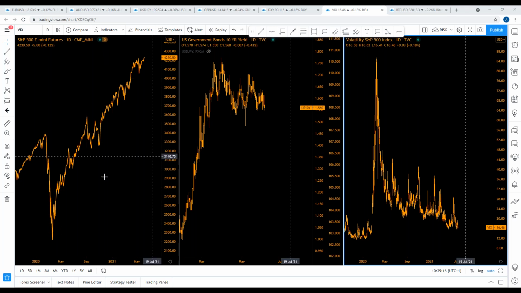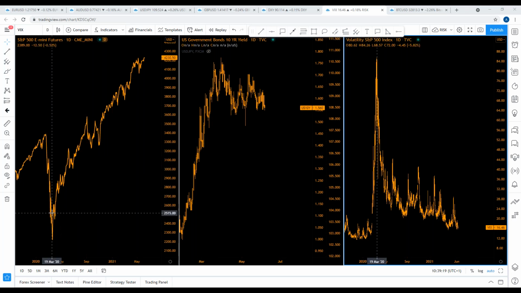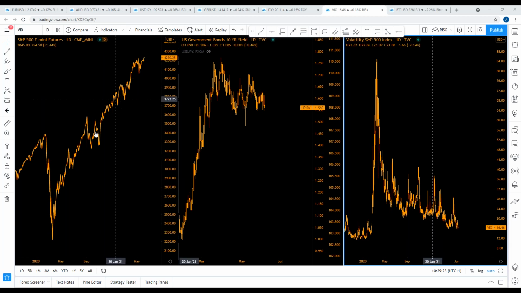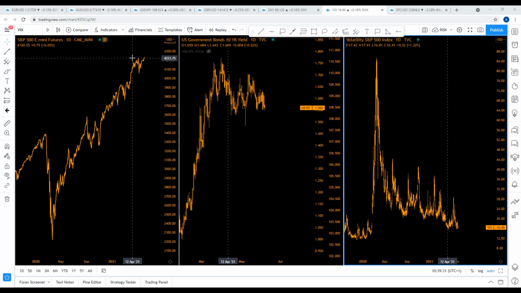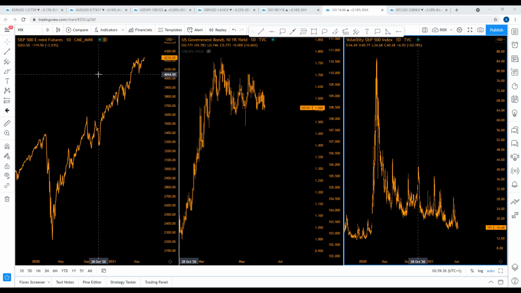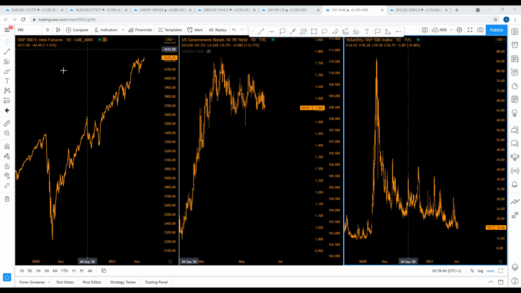So look, for now, since the pandemic low of March 2020, the S&P 500 futures market has been in a clear risk-on tone, right? So a long-term risk-on tone, and the S&P 500 continues to make record highs. I haven't checked out the Dow or the Nasdaq, but I'm pretty sure they'd be very similar to what the S&P is showing.